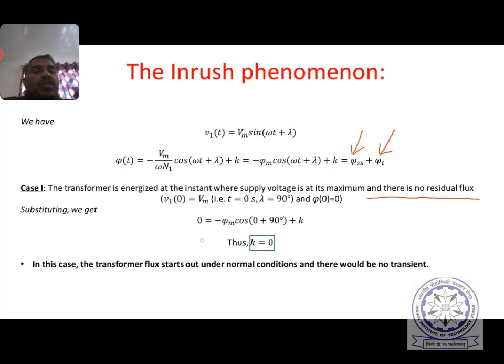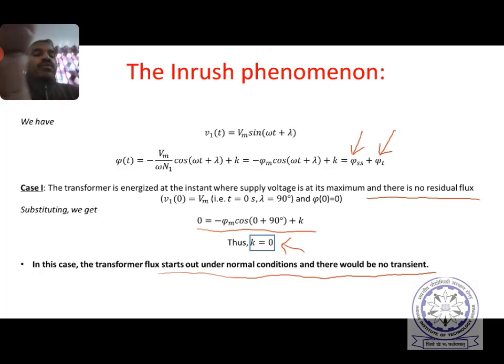So substituting this, 0 is equal to 0, then k is equal to 0. So in this case the transformer flux starts out under normal conditions and there would be no transient at all. Because the flux is 0, it will start from 0, therefore there will be no issue at all. There will be no transient, and residual flux is also neglected, so it will work the same way.